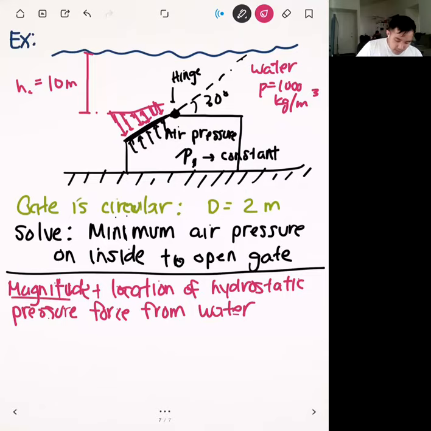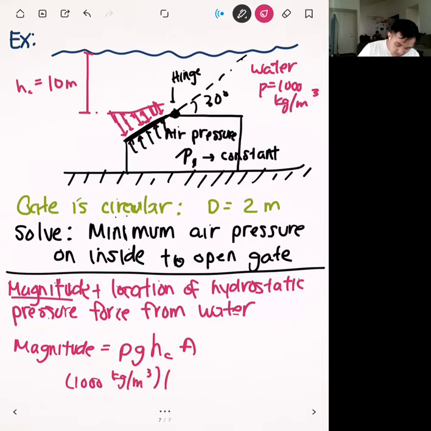Okay, so first let's start with the magnitude. We know from our formula from before, magnitude is equal to rho g times the depth of the centroid, and then we multiply by the area. We're given the depth of the centroid here, so the depth of the centroid is 10 meters. Let's go ahead and start plugging in. The area will be pi over 4 times the diameter squared.